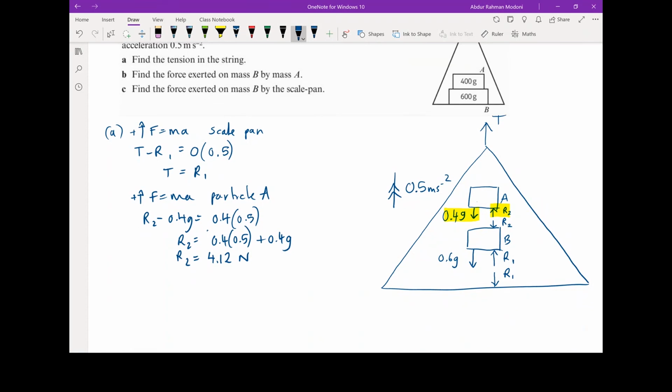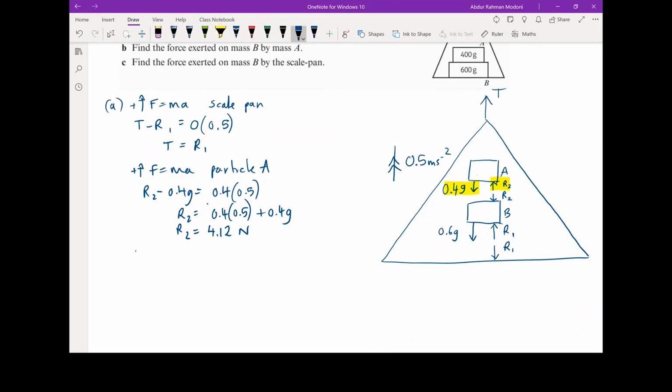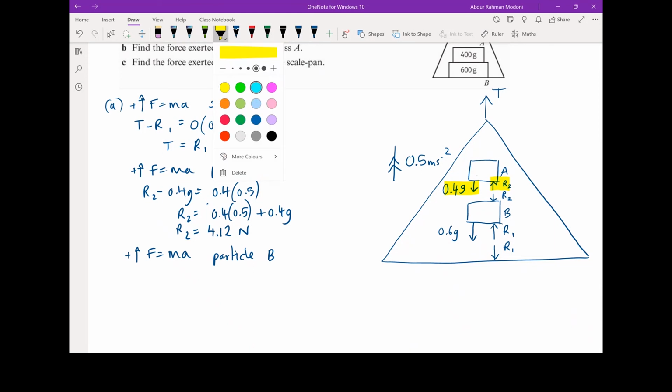Now, we found out what R2 is, but the question is not asking for R2, it's asking for the tension for part A. So let's go and consider now F equals ma on particle B alone. What are the forces that are felt by particle B?